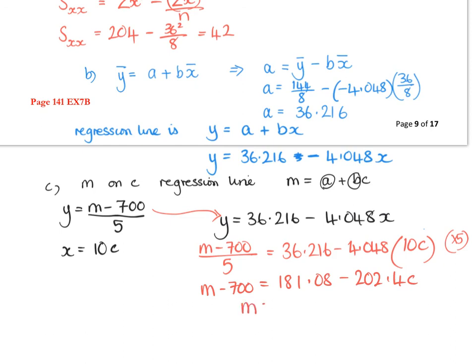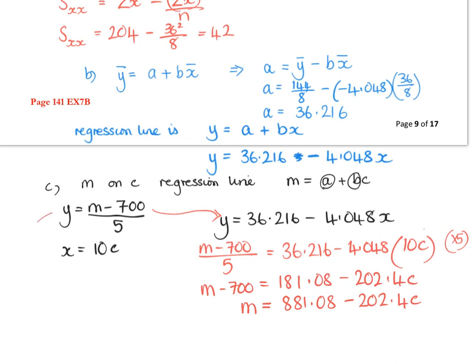Keep the m on the left hand side because it's a regression line of m on c, so m is equal to 881.08 minus 202.4c. So that is how you would uncode it.